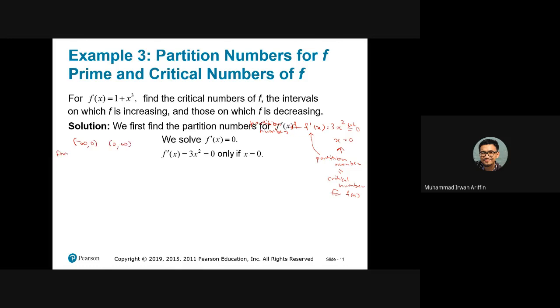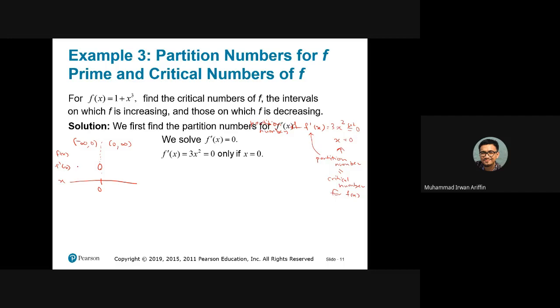I'm going to put f of x here, f prime of x here, and x here. We know that 0 is the partition point as well as the critical value for f of x, so the slope would be 0.